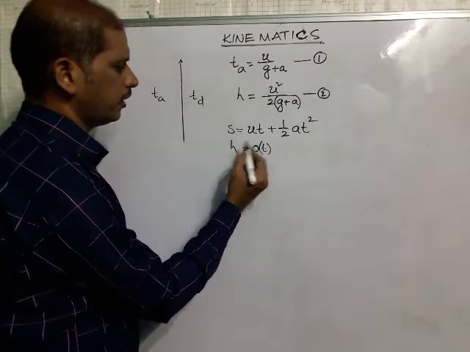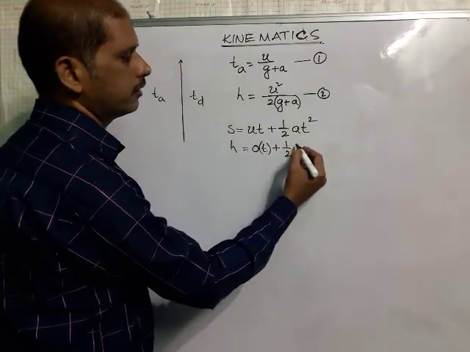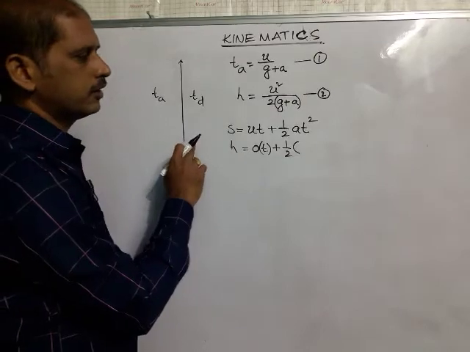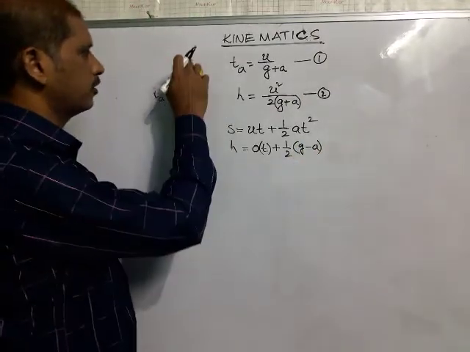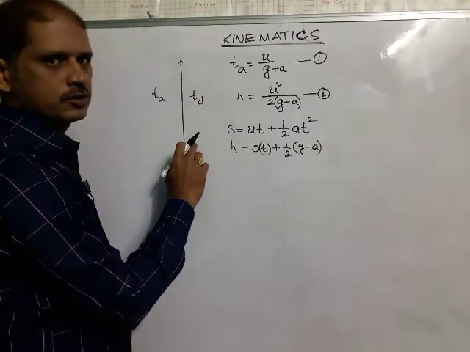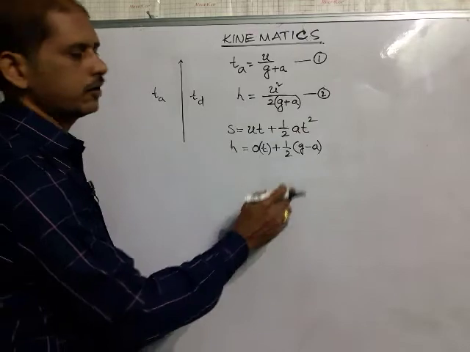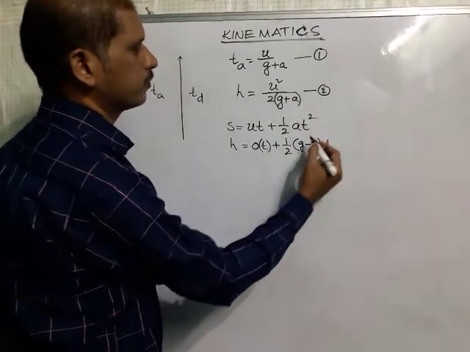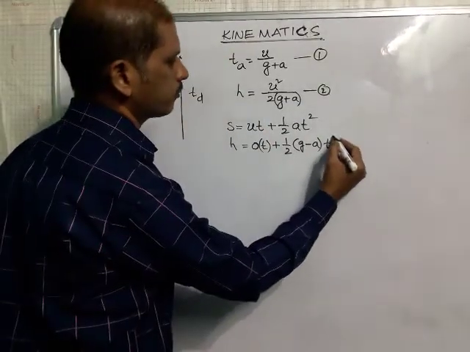S we can write as h, equal to half into g minus a into t square. Why g minus a? Because the body is moving downward, so air resistance is working in the opposite direction, so the acceleration is reduced here. This t means the time of descent, so you can write td square.